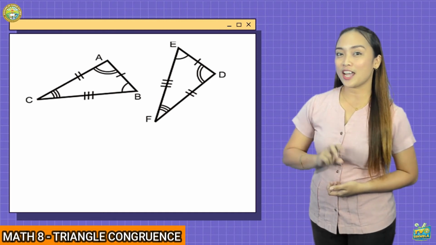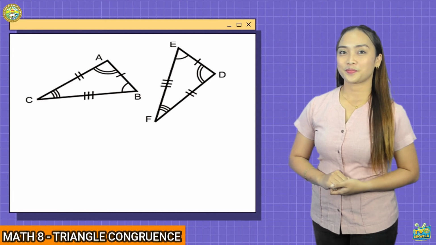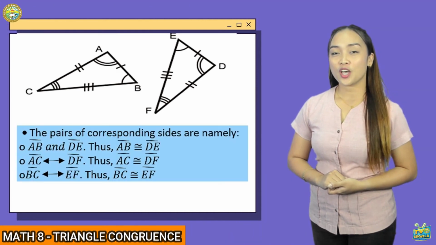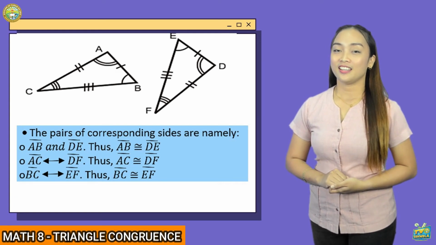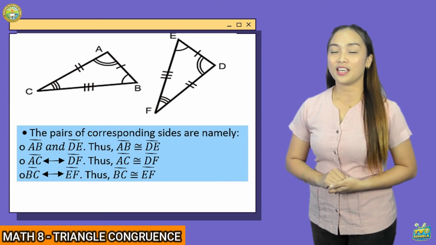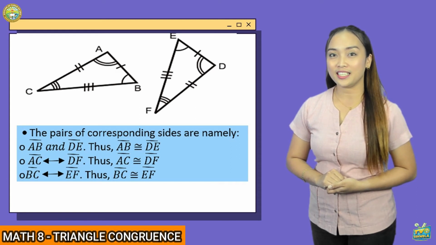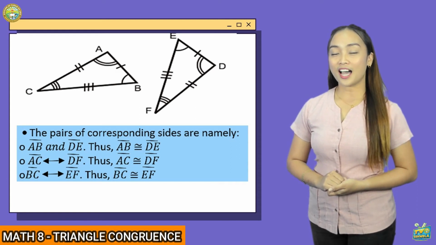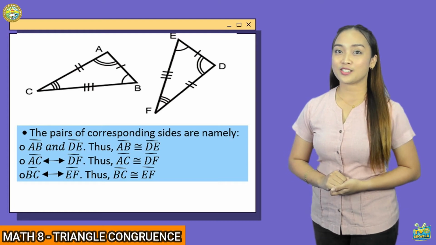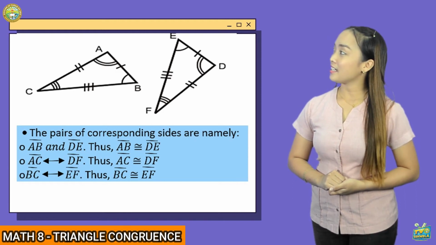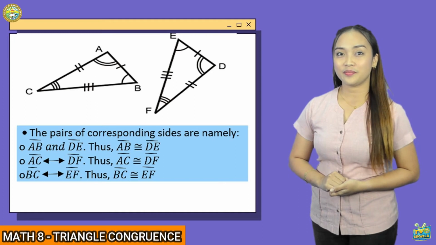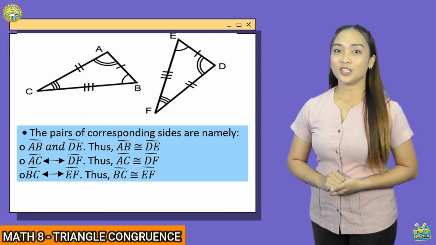Look at the two triangles. The pairs of corresponding sides are namely line segment AB and line segment DE. Thus, segment AB is congruent to line segment DE. Line segment AC corresponds to line segment DF.